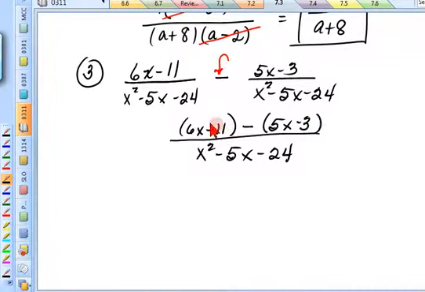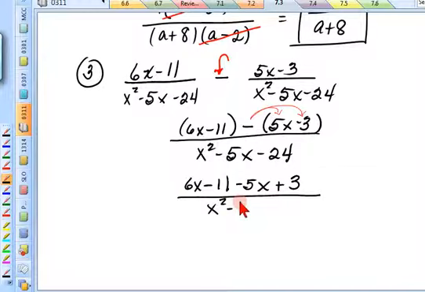The parentheses on this first numerator part are not important, but the parentheses on the second are, because that's what indicates that the negative will get distributed. So you have to have those. That gives me 6x minus 11. Distribute negative 1 times 5x is negative 5x. Negative 1 times negative 3 is positive 3 over x squared minus 5x minus 24.